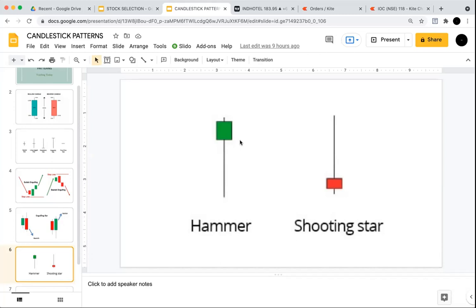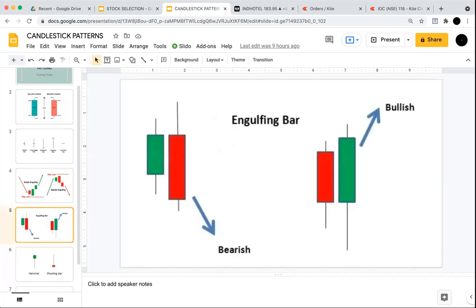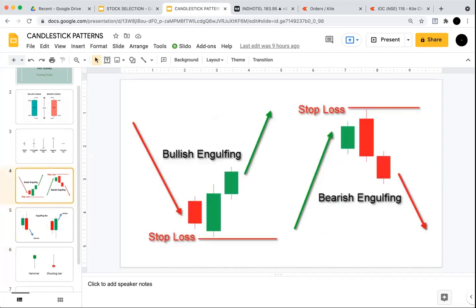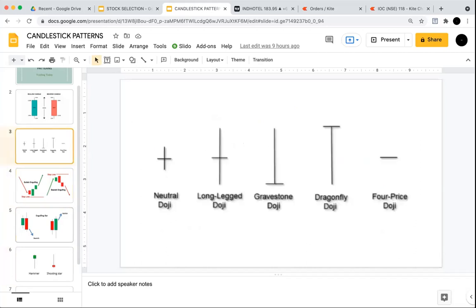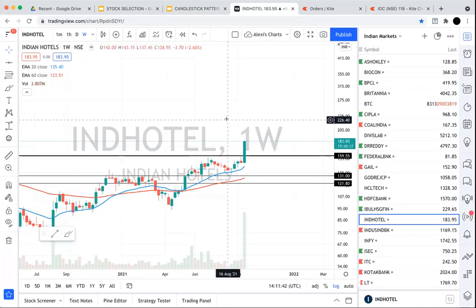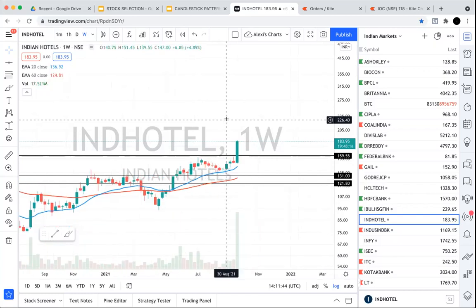So here's the hammer. And here's the bullish engulfing ones right here. Two examples of that, bullish engulfing. And then the dragonfly doji, this one. Okay, so basically what we're doing is, when we see this, will it always happen like that?